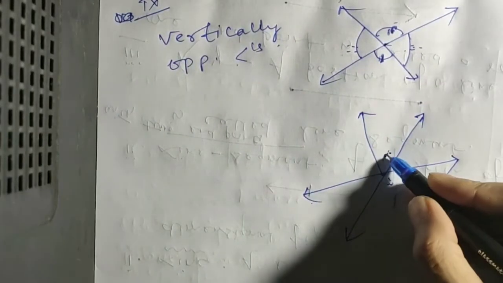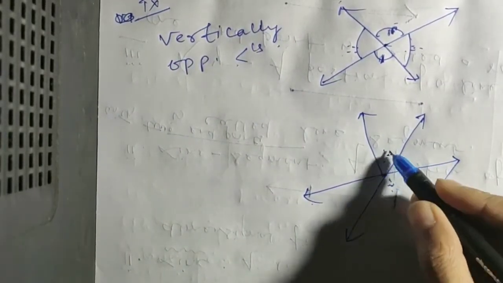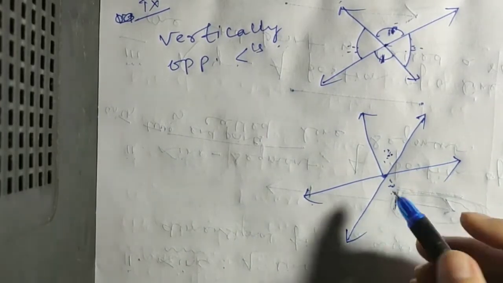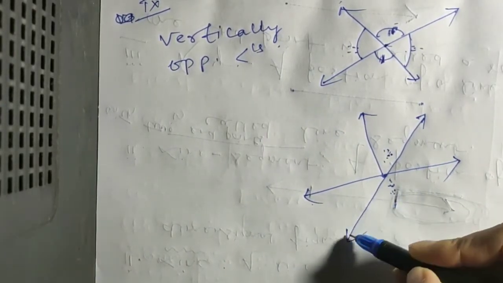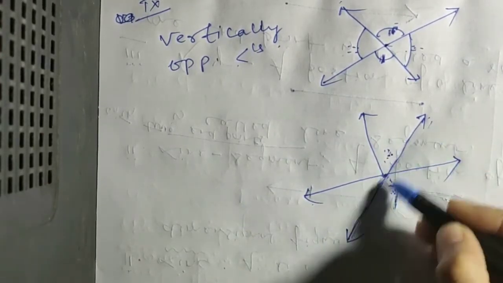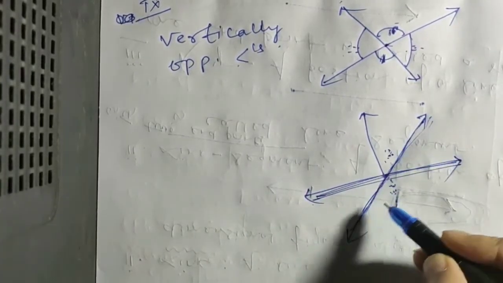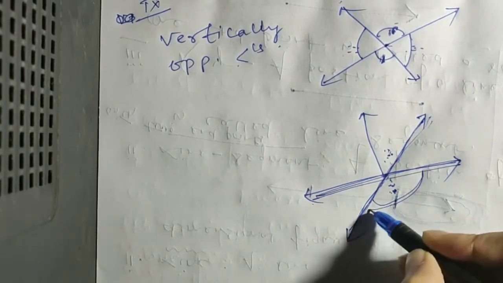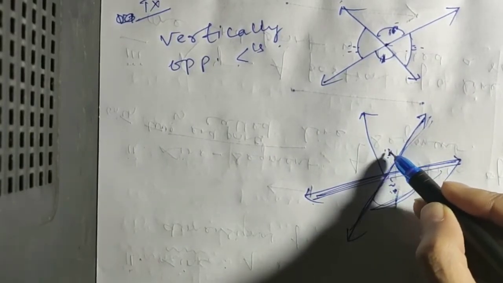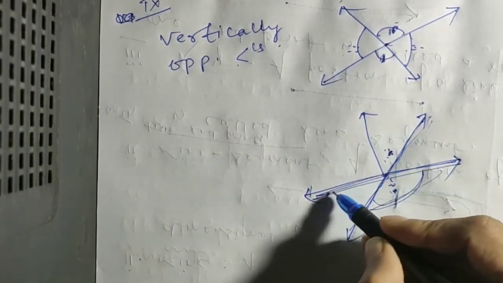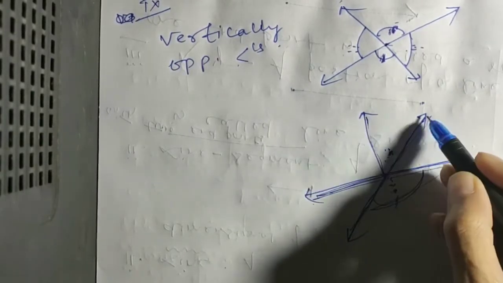Just see the figure properly. This angle is formed with this line and this line. These two lines have intersected, so this angle is formed. Yes or no? Right? But this angle is formed with this line, this line, this line.